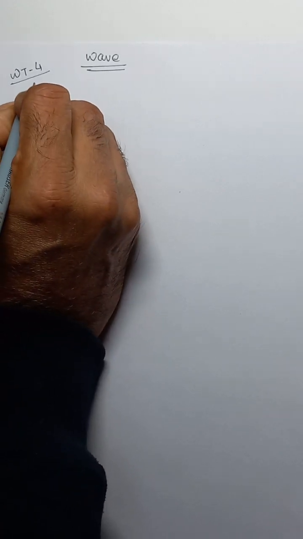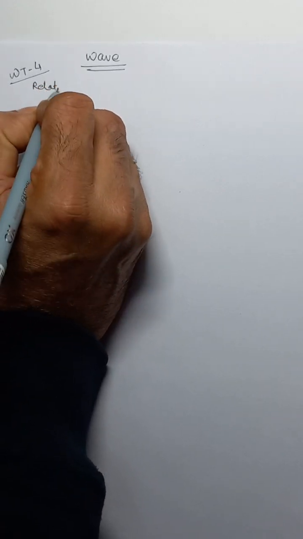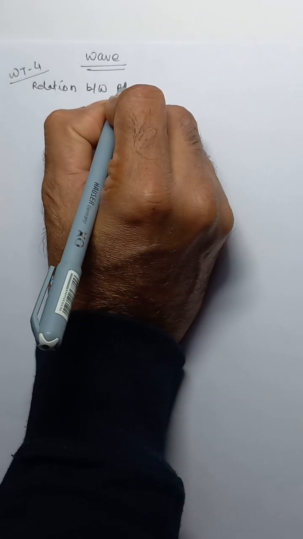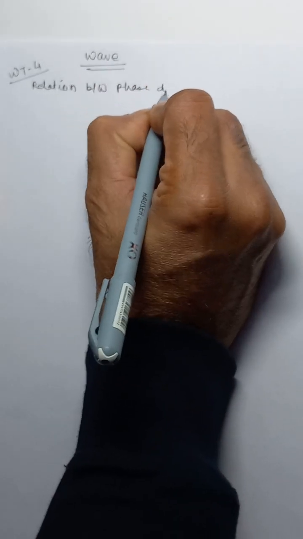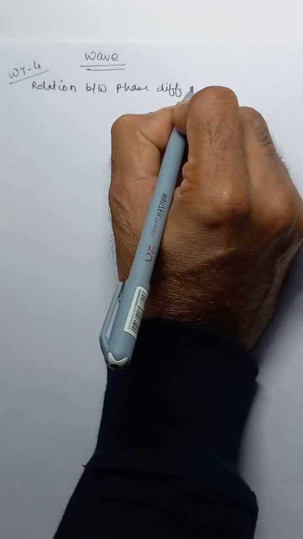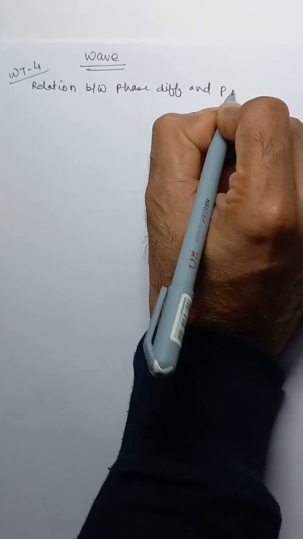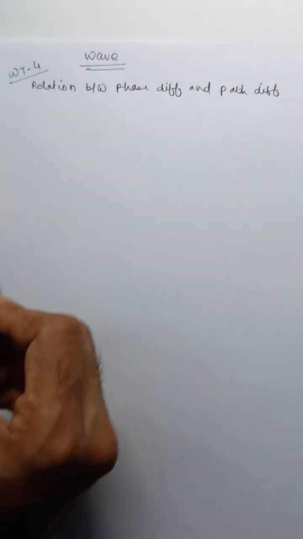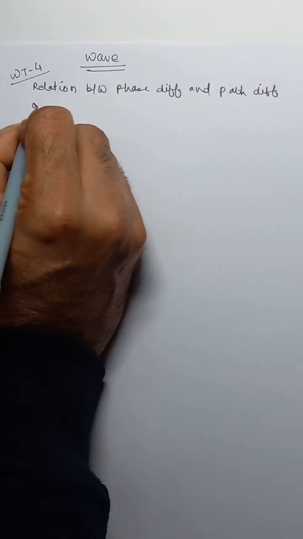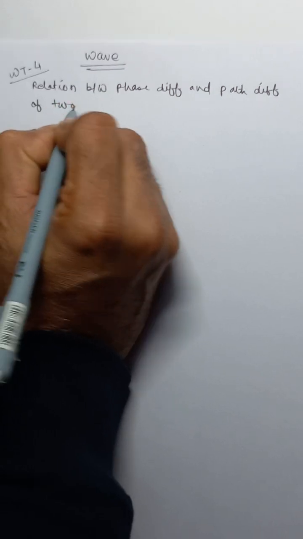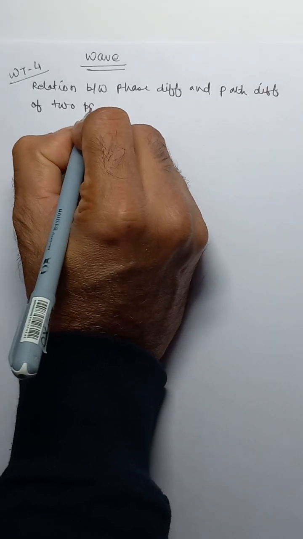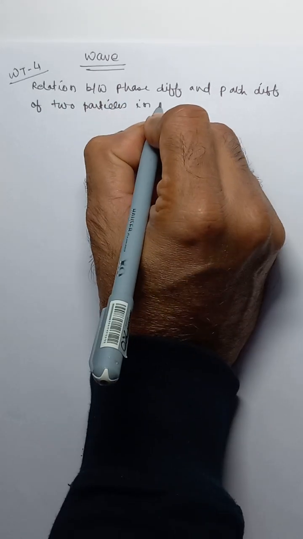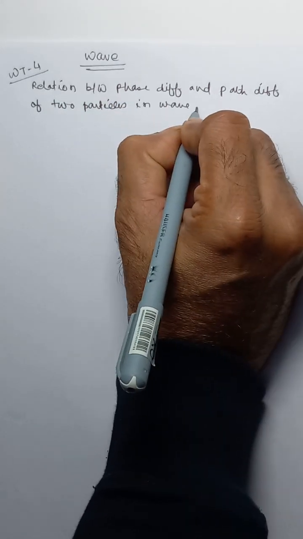So we'll find the relation between phase difference and path difference of two particles in wave propagation.